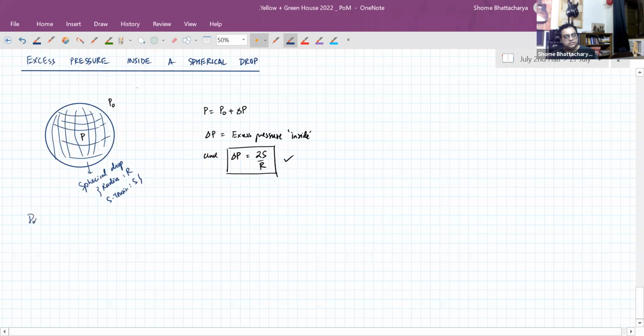So let's take a quick look at the derivation of this formula. So we now visualize the free body diagram for half the surface, that is like a hemispherical part of the actual surface, not the whole body of liquid, but only the surface that is separating the volume of liquid inside from the external environment.